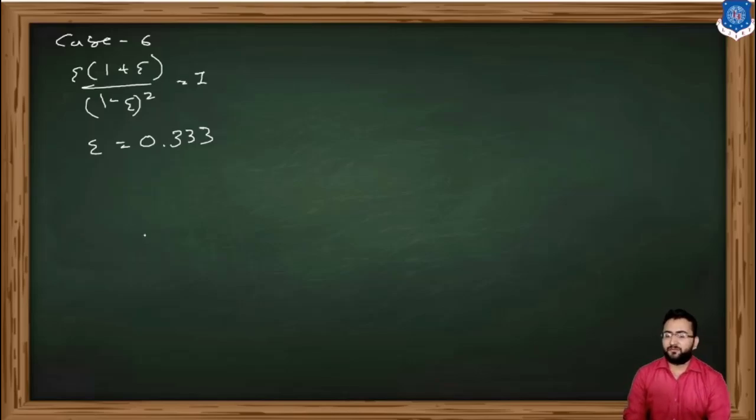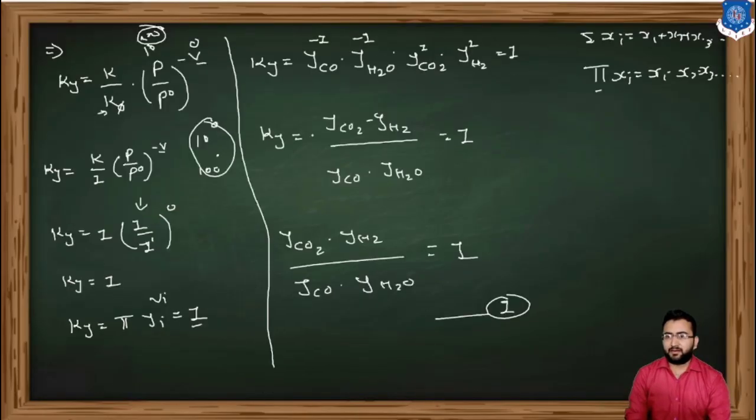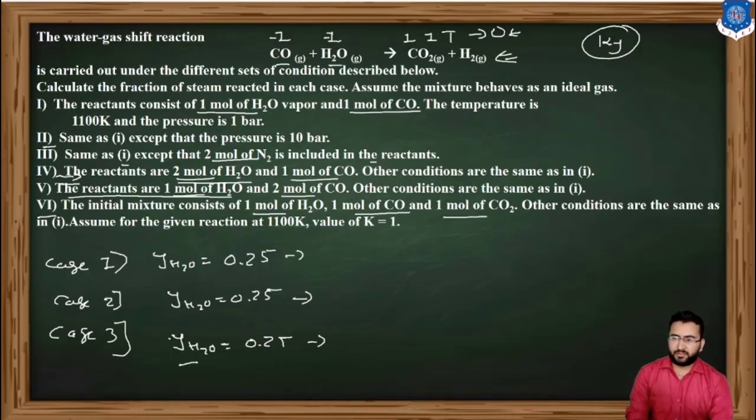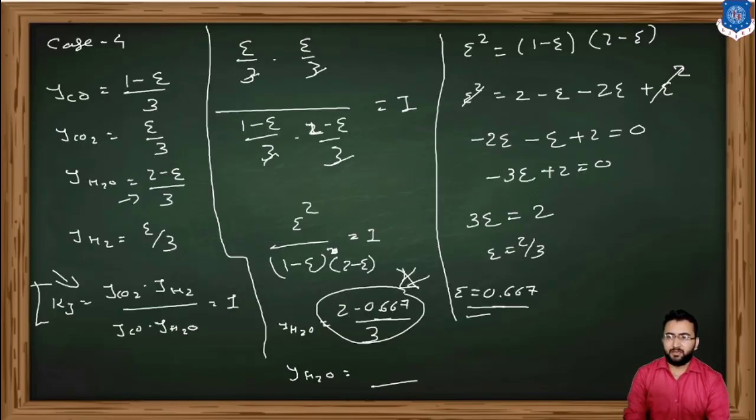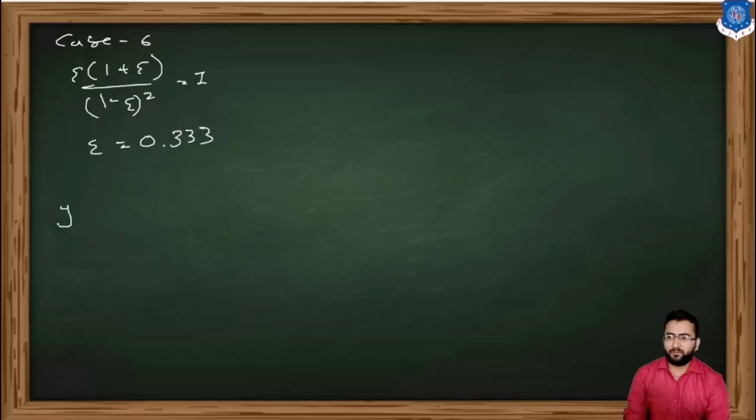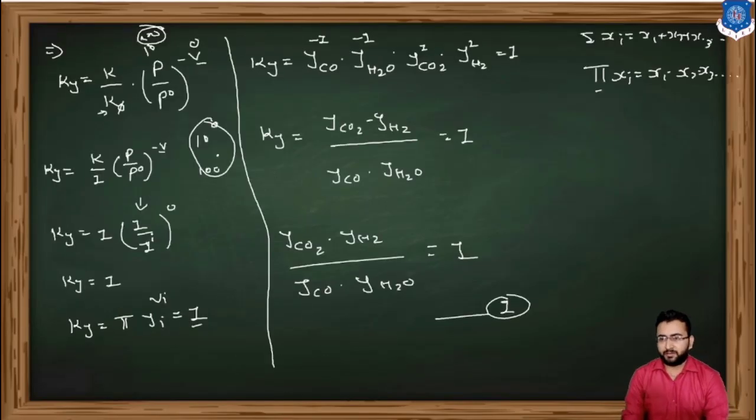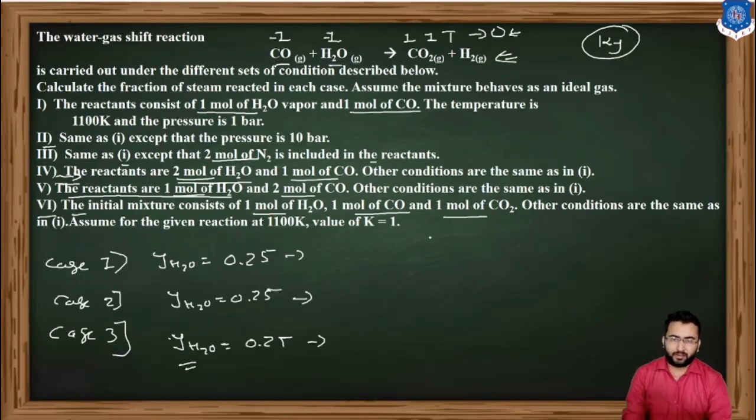So this is how we can find the value of epsilon and the mole fraction of steam. We just have to put that value of epsilon in the equation for y of H2O. Let's make the equation again so it will be clearer. Here y of H2O starts with 1 mole of H2O, so the initial mole is 1.